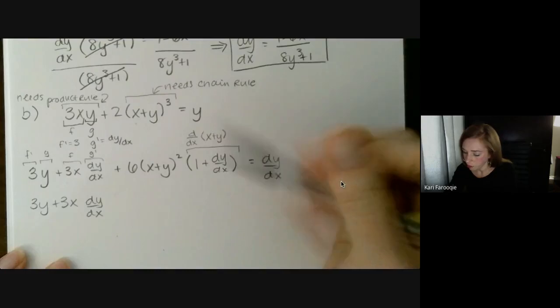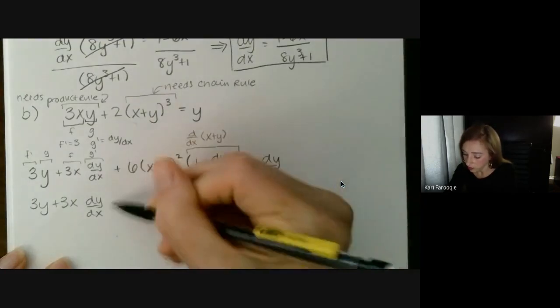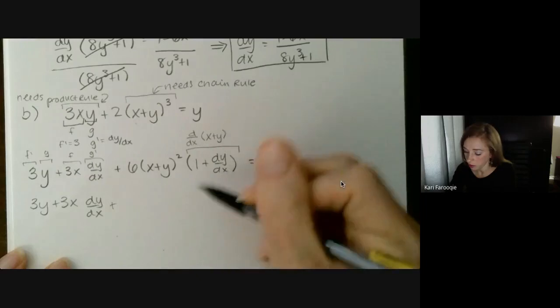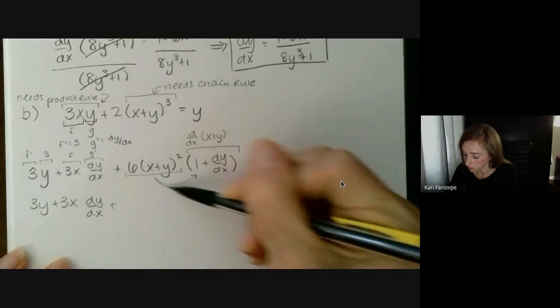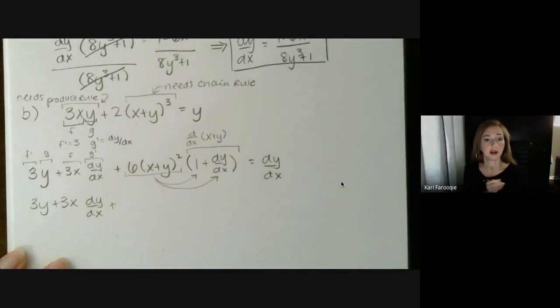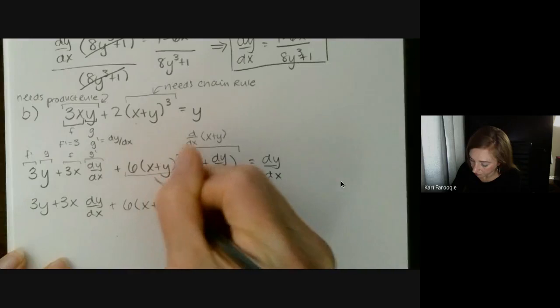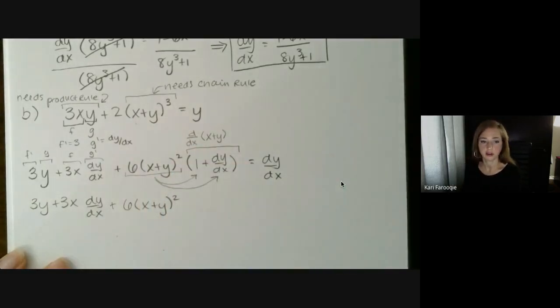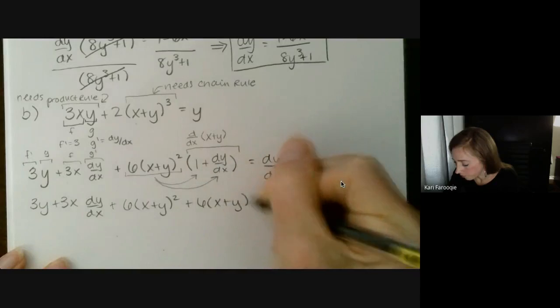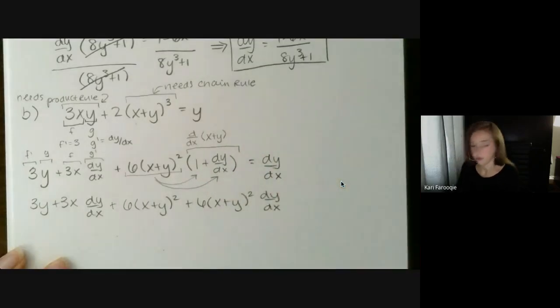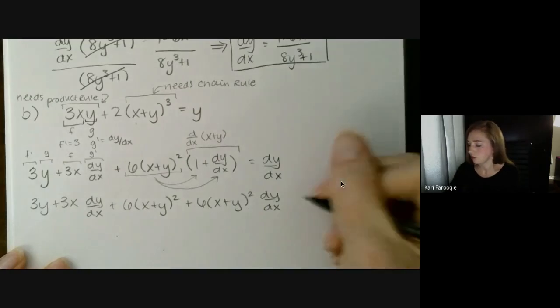But now when you distribute, you're taking this entire quantity, 6 times x plus y squared, and you're going to distribute it into the parentheses. It's going to first get multiplied by the 1, and then it's going to get multiplied by dy dx. So 6 times x plus y squared times 1 just looks like this, 6 times x plus y squared. And then when you distribute that to the dy dx, just looks like that. Multiply it by dy dx.